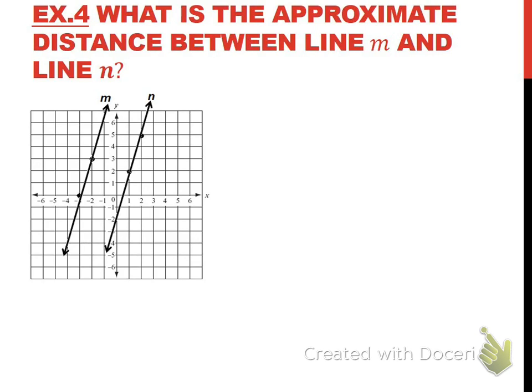All right, what is the approximate distance between line M and line, excuse me, N? So we've got these lines graphed for us. We know that if we are going to put a segment in to calculate distance, that segment needs to form what kind of angles?